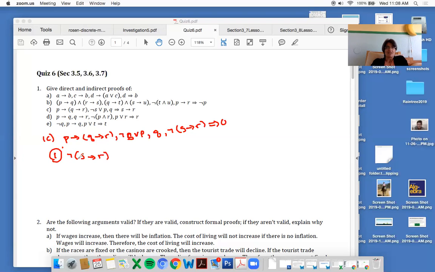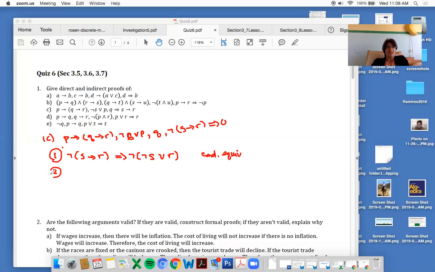If I negate this, first I'm going to change this into a disjunction. That's the conditional equivalence. Now I know how to negate it.